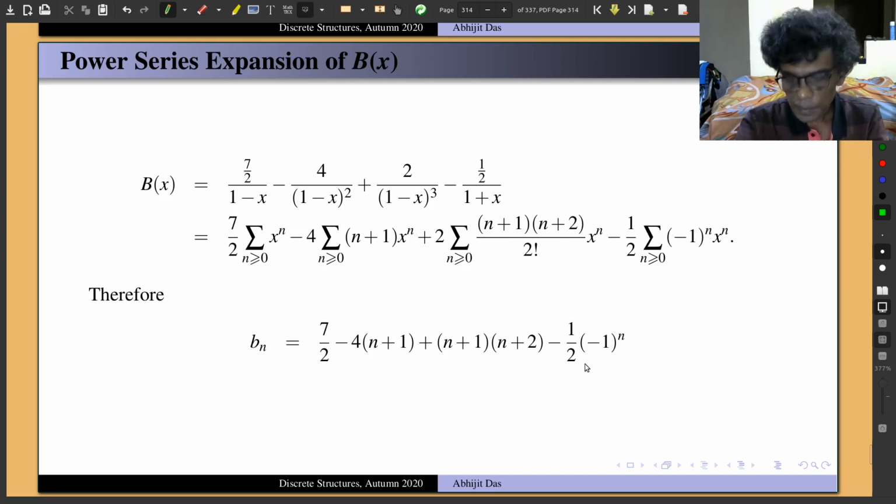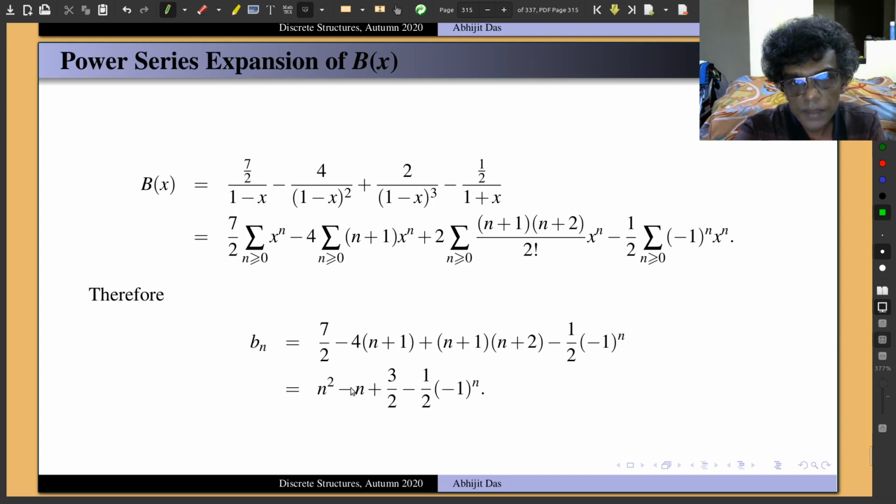And if I make a little bit of simplification, this eventually works out as n square minus n plus 3 by 2 minus half minus 1 power n. Okay, so unless there is a calculation mistake, this is the correct expression for Bn.